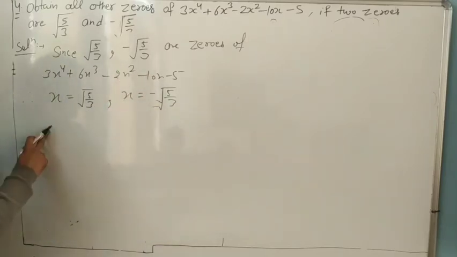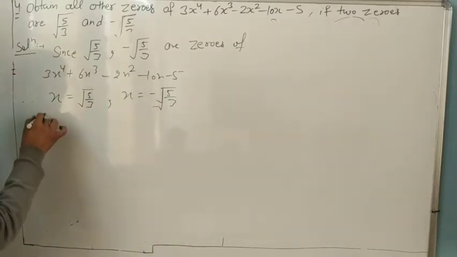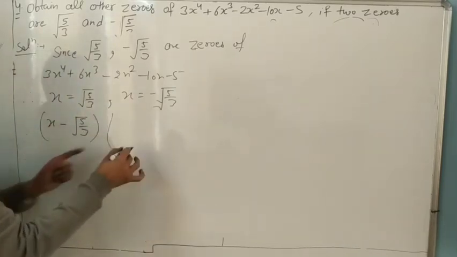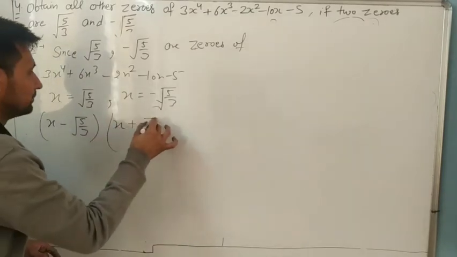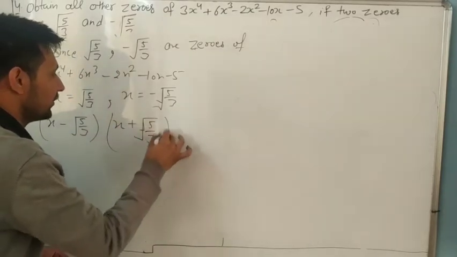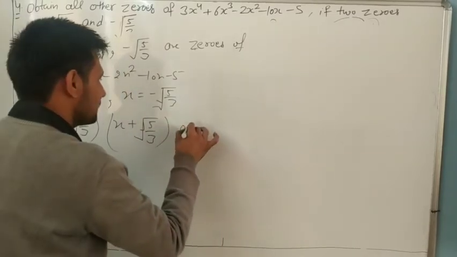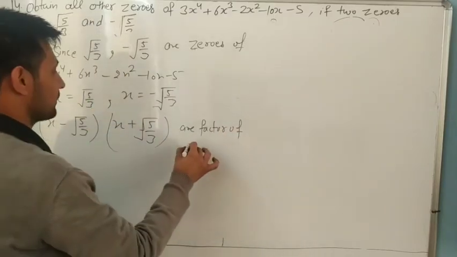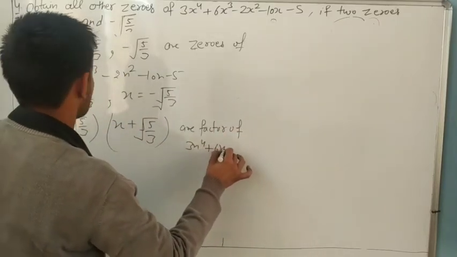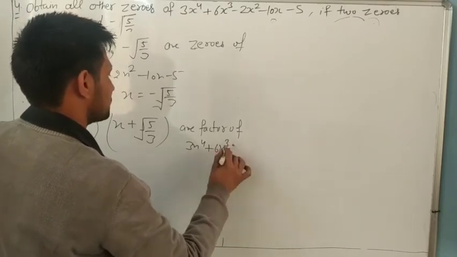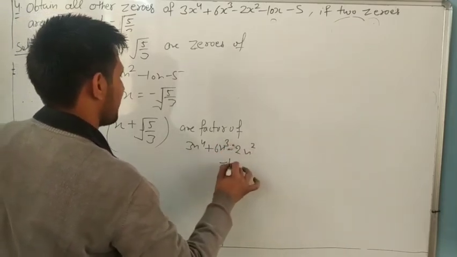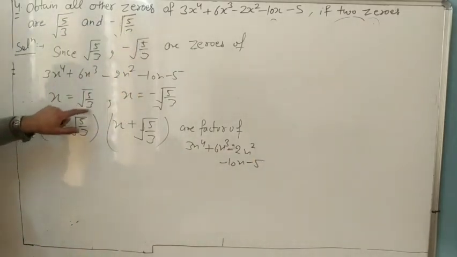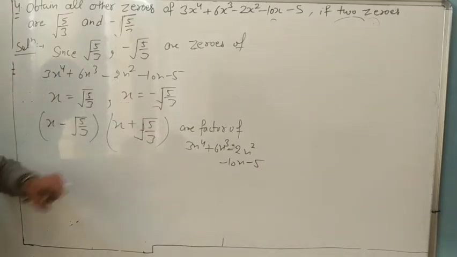So on the other side, x minus root 5 by 3 becomes positive. Do you understand? They are factors of 3x4 plus 3x cube minus 2x square minus 10x minus 5. Can we write or not, Preeti? So x minus this one and x plus this one is a factor.